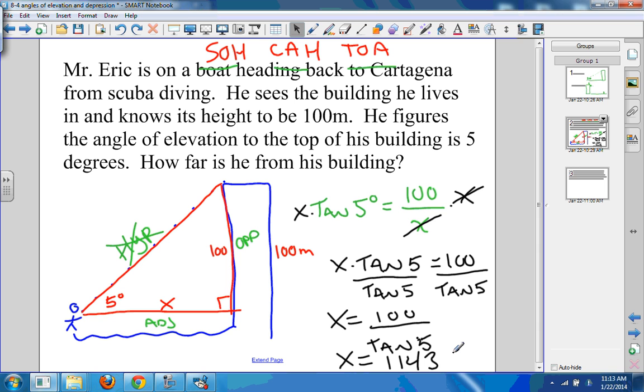I'm just going to leave the 0.01 off. That's probably not going to make a difference here. So the distance I'm away from my building is 1,143 meters, which is our value of x here, which seems to make sense in this instance.